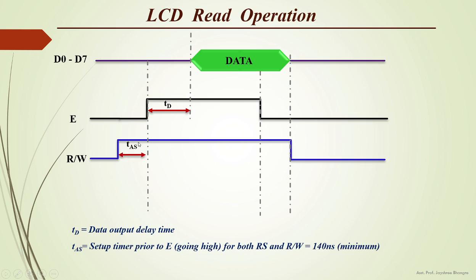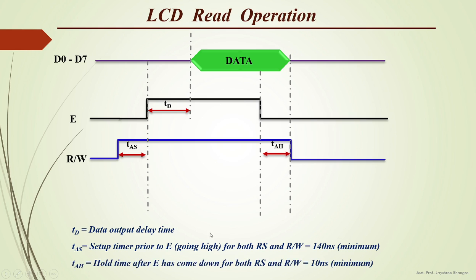So this is the read timing, and the time delay between the instant at which we apply the read signal and the instant at which we apply the enable signal is the TAS. This is the setup time prior to the enable signal going high for both the register select input and read write input, and this is a minimum of 140 nanoseconds.